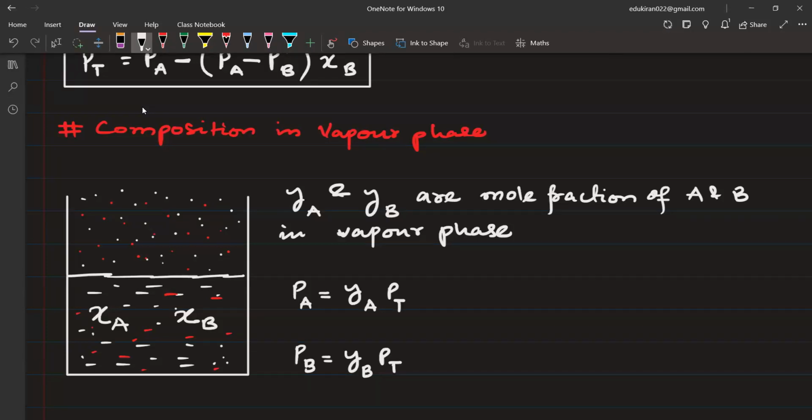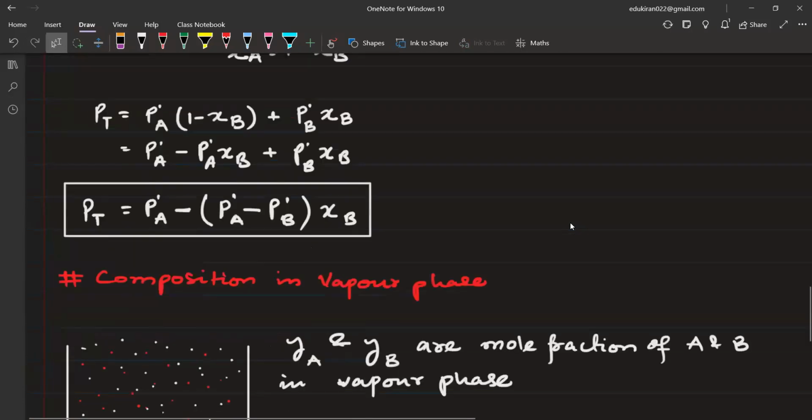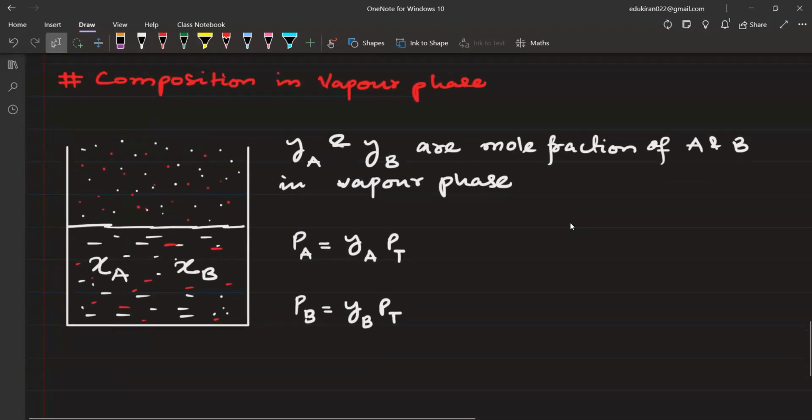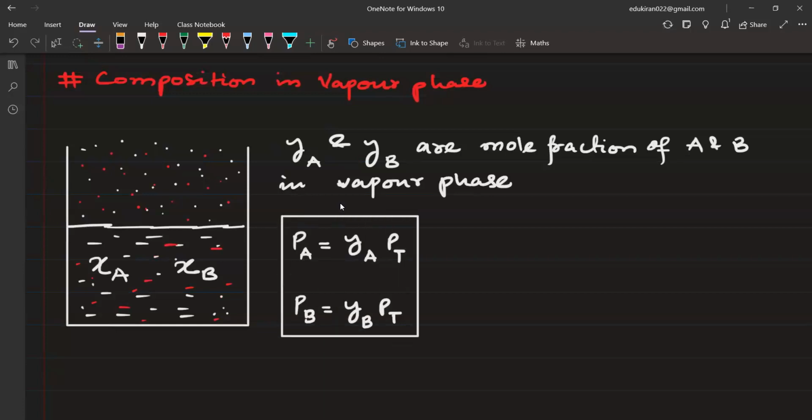Now, how can you get P total? We have already seen Raoult's law. Pa is equal to P naught A chi A, and Pb is equal to P naught B chi B. Chi A and chi B are in the liquid phase, and Ya and Yb are in the vapor phase. So this is the expression you are going to use if they ask any questions regarding the vapor phase.